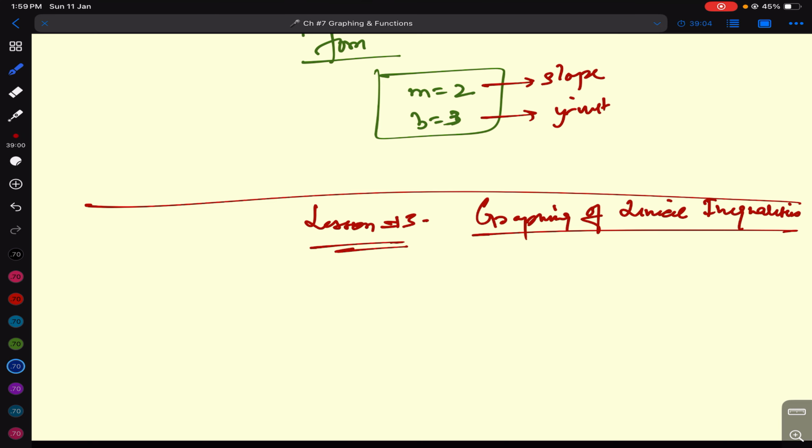Okay, so now when it comes to graphing of inequalities, or you can say linear inequalities, we will have to graph the ordinary linear functions, the way that we have already studied in the previous 2 lessons.